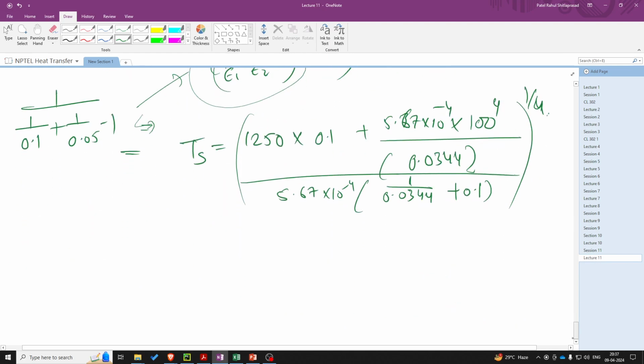So if you simplify this, the value of Ts from the answer that I'm having will come around 338 Kelvin.